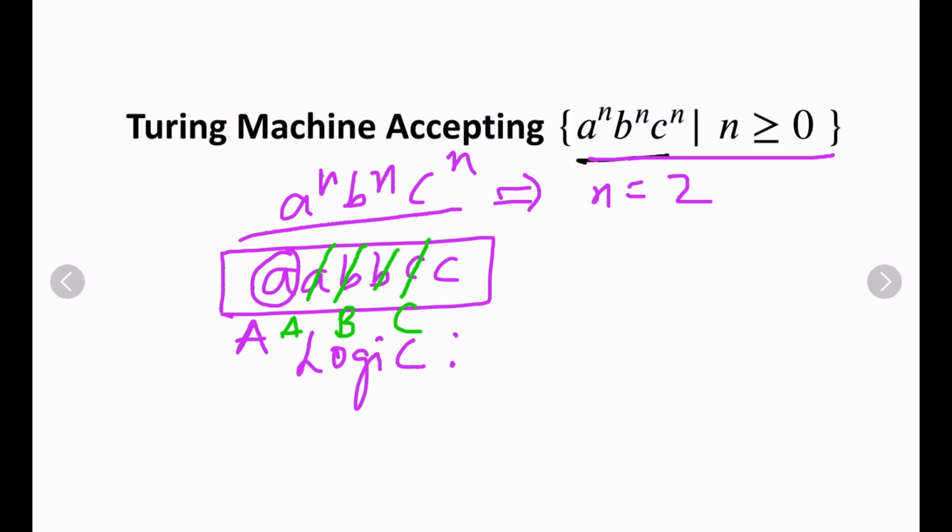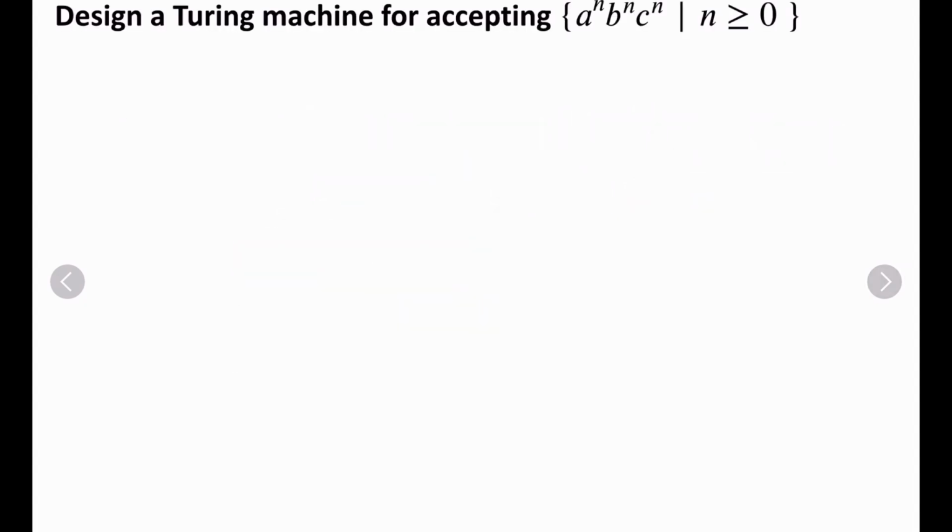Then you change the second b of that string to capital B. Again there is one more c on the right-hand side, and you change it to capital C. So for every one a you read, one b has to match it, and again similarly for c. So alternately you can keep changing like this. We'll keep designing the Turing machine. Let us move straight away to the transition diagram of this problem.